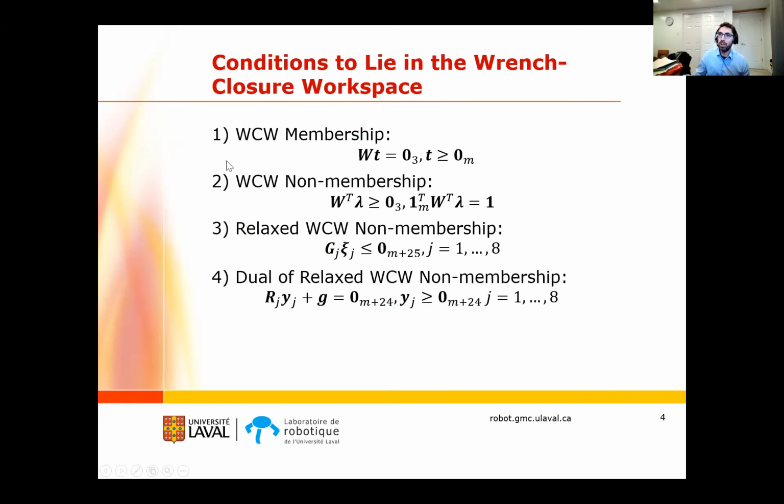And I had to go through those 4 steps because if I went directly from 1 to 4, I could have said, okay, I'm going to relax the wrench closure workspace and get a linear relaxed membership constraint, but then I would have overestimated my workspace because I'm relaxing my constraint that I want to be feasible. So in order to underestimate, I had to flip it and flip it back again.